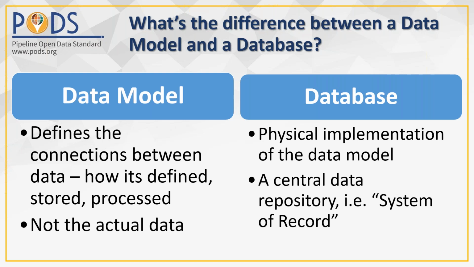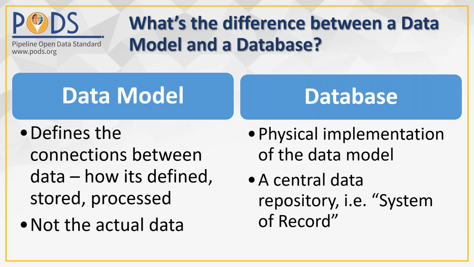So the data model is regulating all of that. That's why we have all these different versions of the PODS data models. As data proliferates in our systems, we need new data models that take advantage of advances in data storage and data processing to help make sure that we can maintain pipeline databases the way they should be.